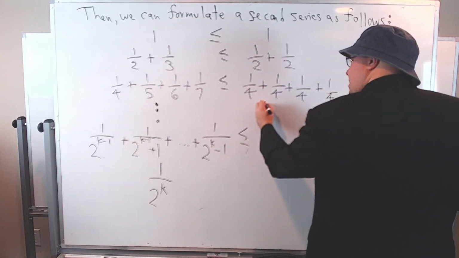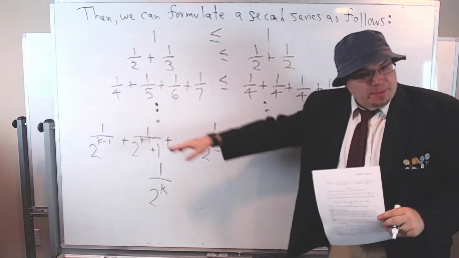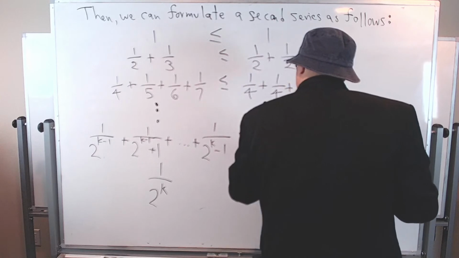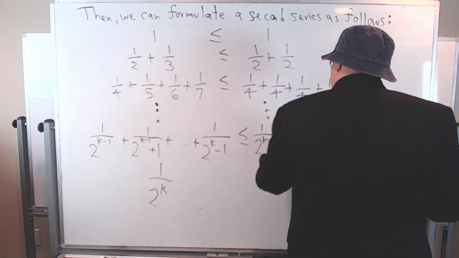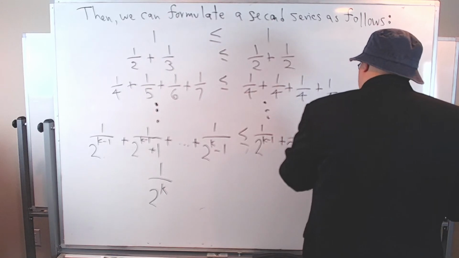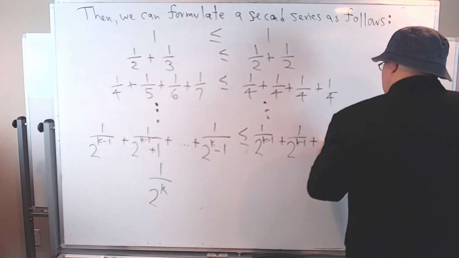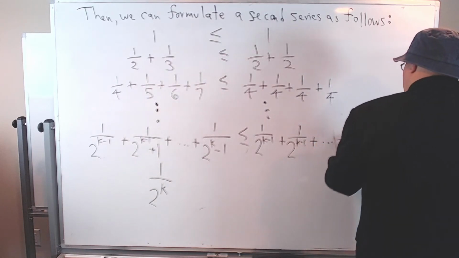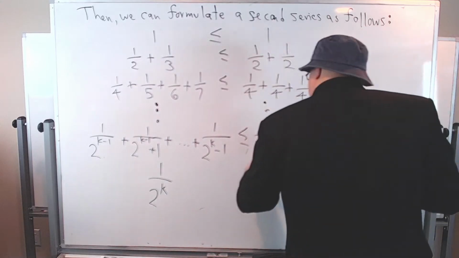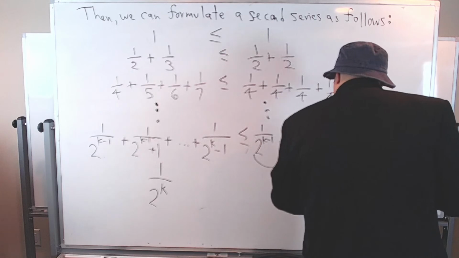I can do the same thing here too. I just write 1 over 2 to the power of k minus 1, right? Keep doing this. Now, because I haven't really written a finite number here, this is happening 2 to the power of k minus 1 times.